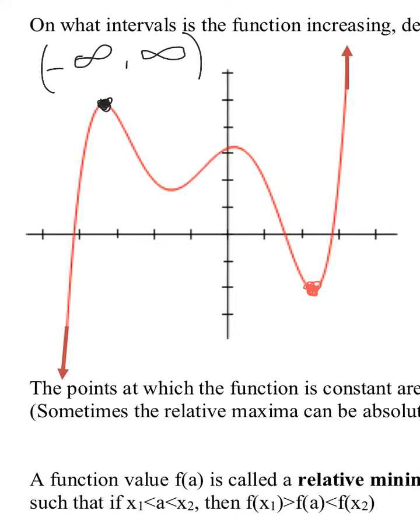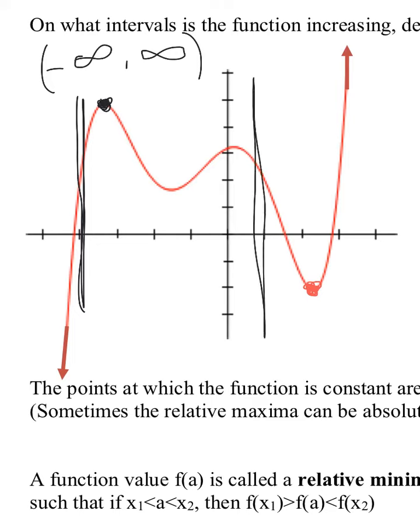If I change my domain to say between -4 and 1, okay, between -4 and 1, between this interval right here, my relative maximum and minimum will change.